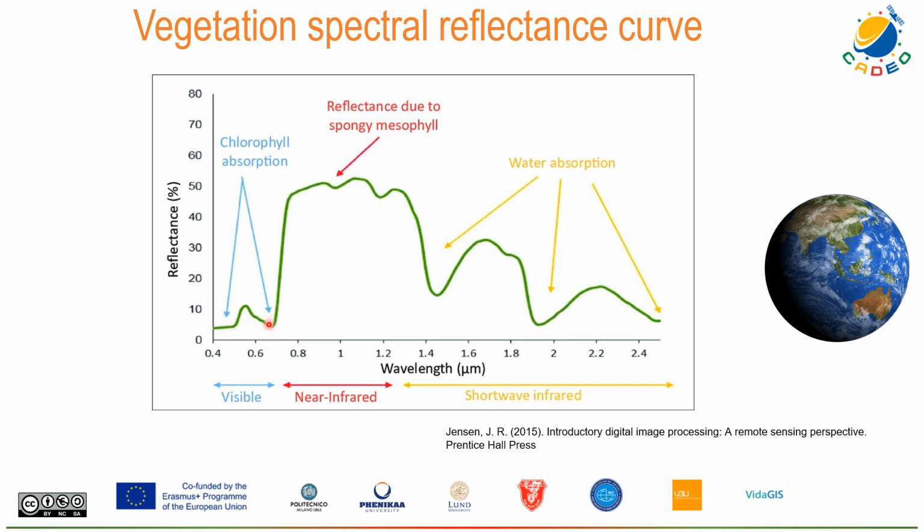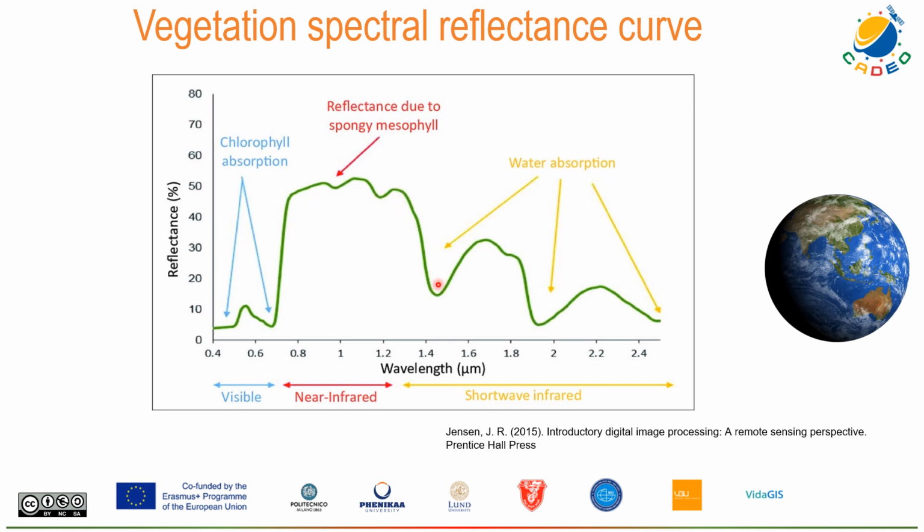So the radiation that comes in is being absorbed in these wavelengths and used in the photosynthesis process by the plant. And then it doesn't really need the near-infrared radiation as much. It reflects about 50% of the near-infrared parts of the electromagnetic spectrum. And this is due to the spongy mesophyll in the leaves.